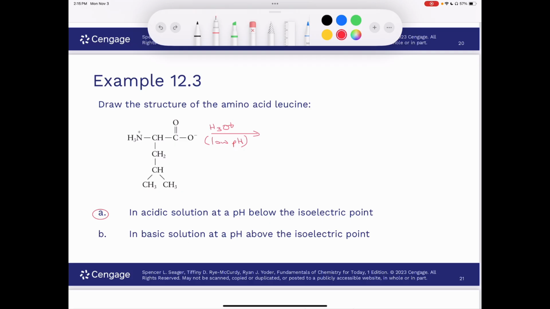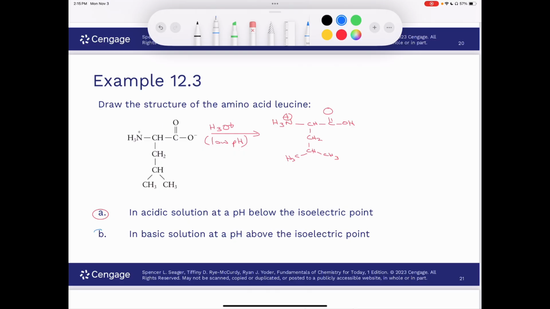Well, this nitrogen can't pick up any more H plus ions, it can't pick up any more protons, but the O minus can. And so we're going to end up with our NH3 plus, and I'll draw it the way they have it. So now our carboxylate is going to pick up that proton, and now we have our isobutyl group, so we're just going to look like that.